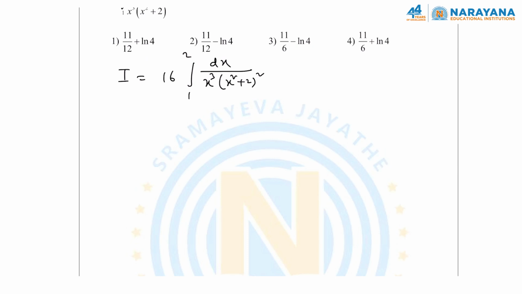Let us write this as 16 times the integral from 1 to 2 of dx divided by, if I take x square outside, what I will get, x cube into x power 4 into (1 plus 2 by x square) whole square.